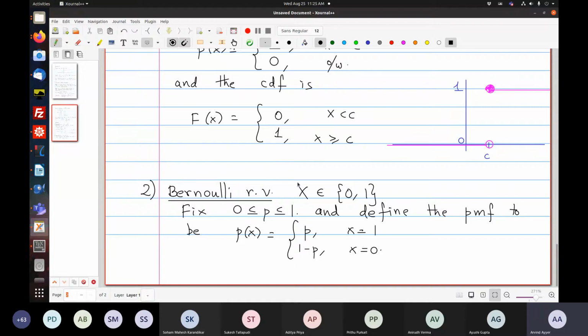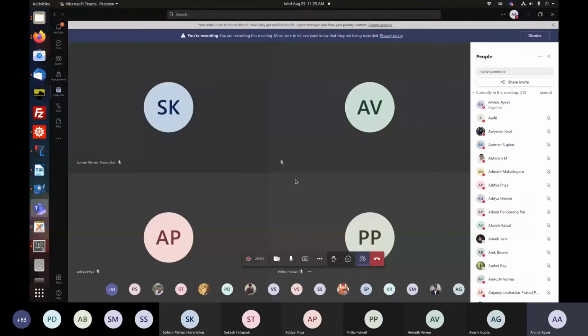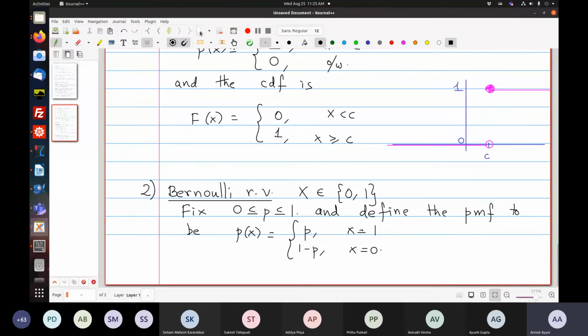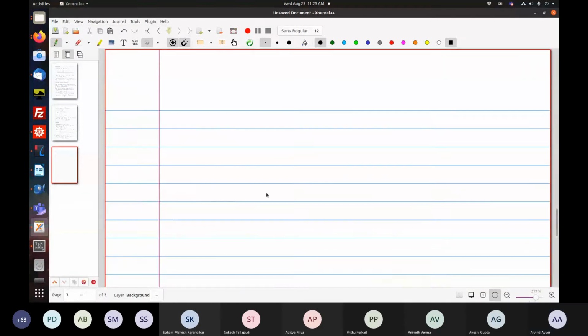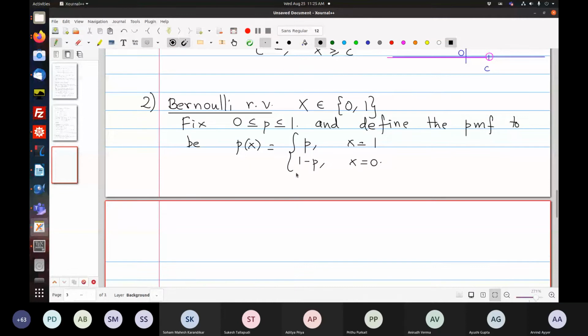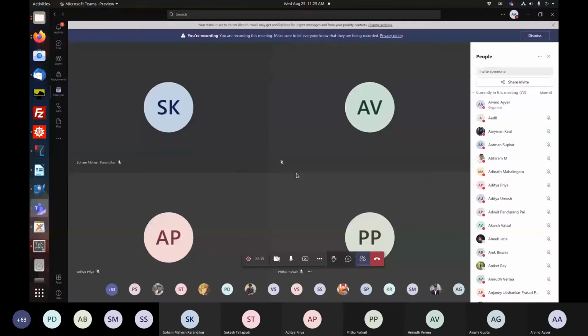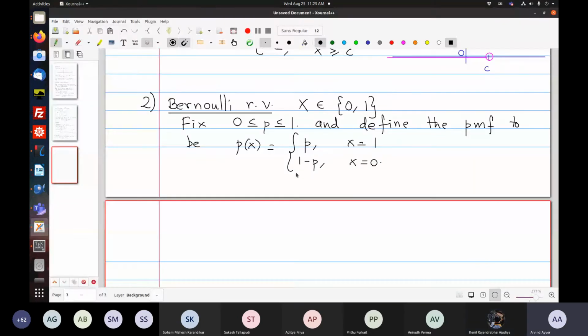So what does this remind you of? Does this remind you of some example that we have seen many times? Sir, it reminds that the event that capital X equal to 1 happens with probability. No, that's okay. I mean a real life experiment. Sir, a coin toss?